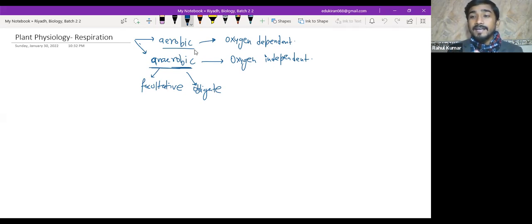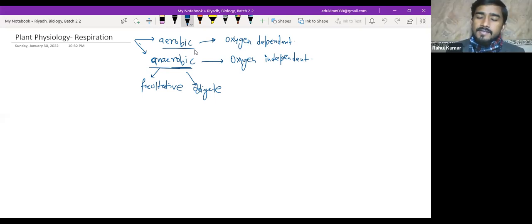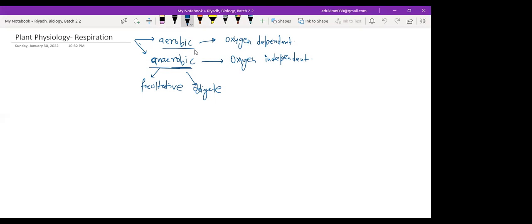Just like light independent reactions, we call them dark reactions, but they can also happen during the day. So if there is an anaerobic bacteria in the presence of oxygen, will it be able to respire? It will.